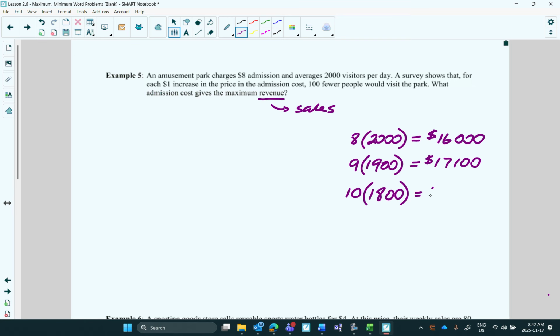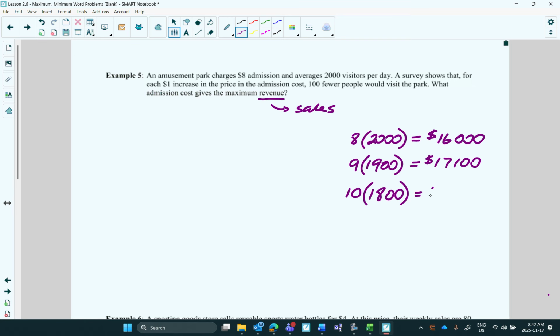But eventually, we're going to reach a point where it reaches a maximum and then it starts to come down, that the prices just become so high that there's too few visitors and they'll lose sales. The question is, what's the maximum they should charge? Okay, but we don't want to do it this way because this is very long.